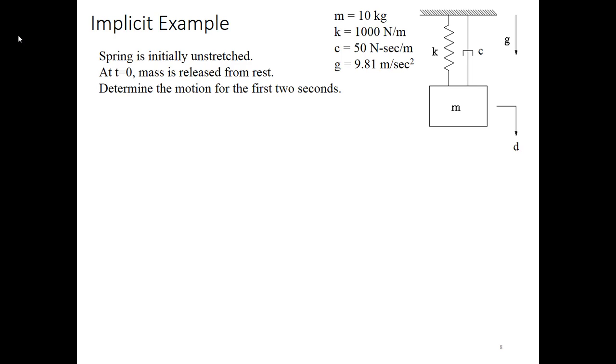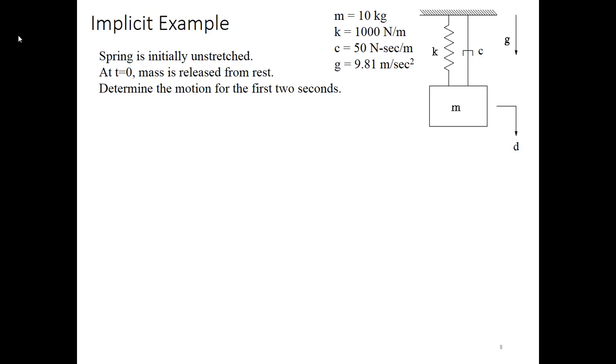So let's take a look at how this works for a simple example. Again, we'll go back to one degree of freedom. I have a mass that is connected by a spring and a dashpot, or damper, to a rigid surface, call it a ceiling. I'm going to define the displacement downward as positive, and it's in a gravity field, so I have gravitational acceleration. That's going to be my forcing function.